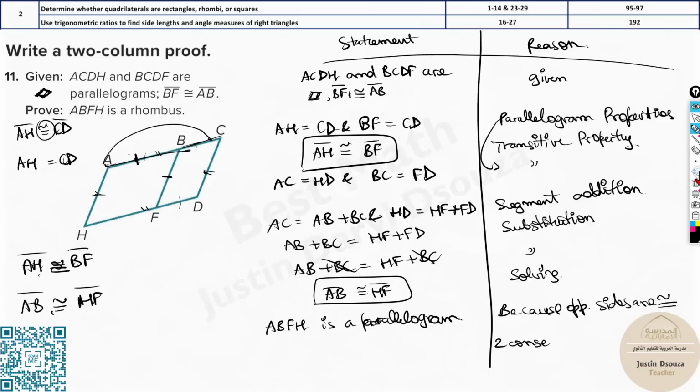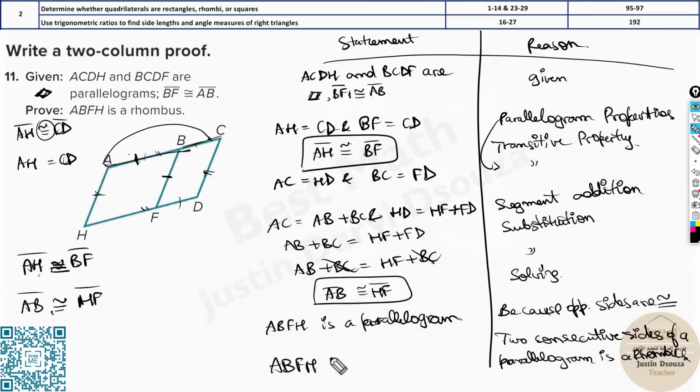So here, two consecutive sides of a parallelogram are equal makes it a rhombus. The parallelogram is a rhombus. That is proven. Now, what is it? The same thing. ABFH is a rhombus. That's it.